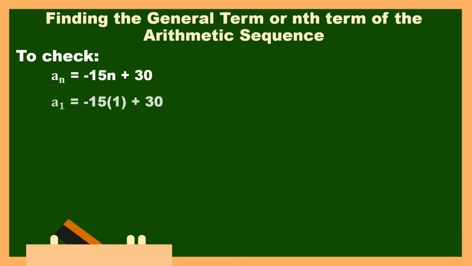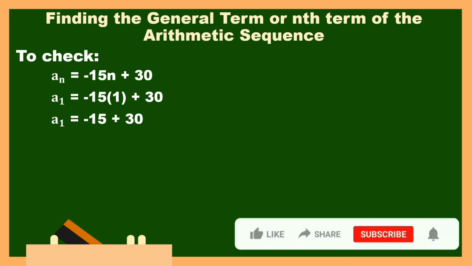So, magiging a sub 1 equals negative 15 times 1 plus 30. Then, simplify. So, a sub 1 is equal to negative 15 plus 30. So, bakit naging negative 15? Kasi nga, negative 15 times positive 1, unlike sign, so the result is negative.